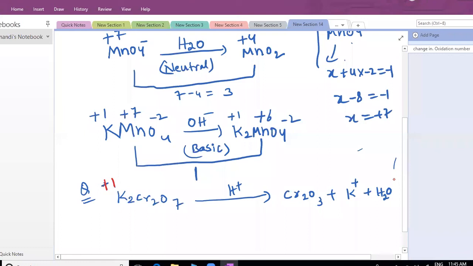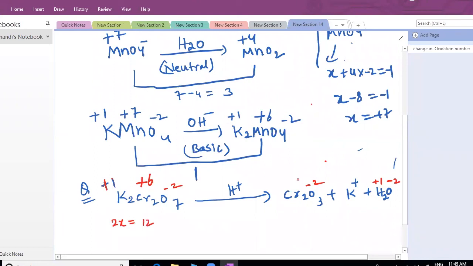Already we have done all these examples, two times, one time also, sir. So +6. If you do 2x equal to 12, you will get x equal to +6. Here, 2x equal to 6, so x equal to +3.